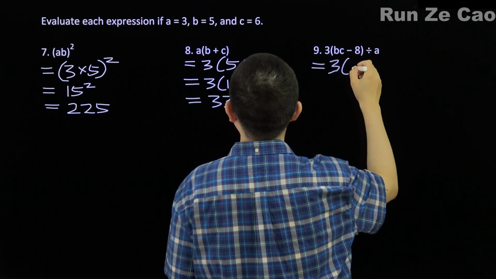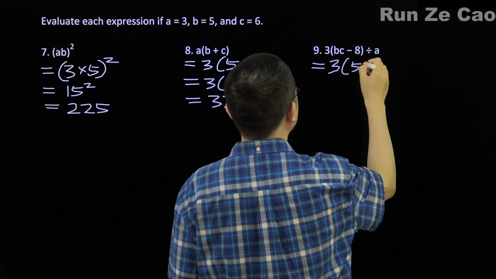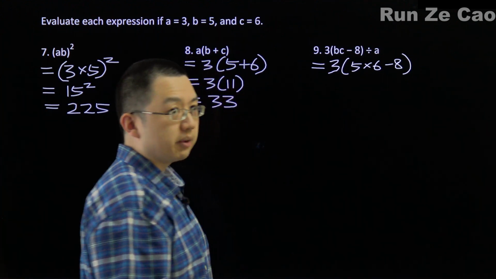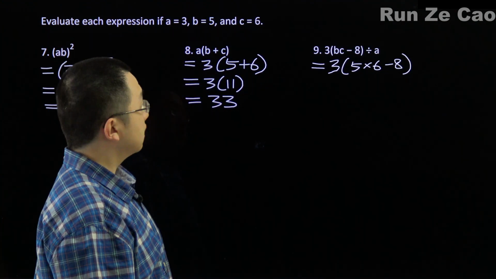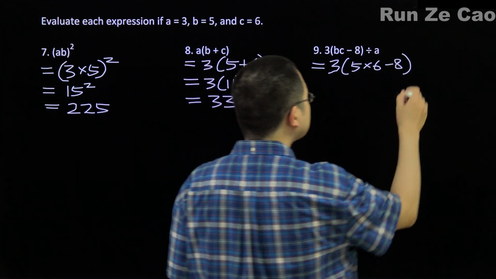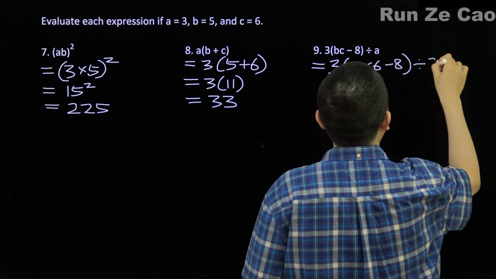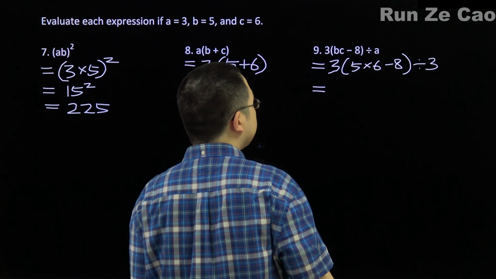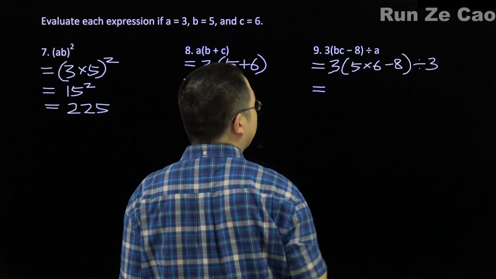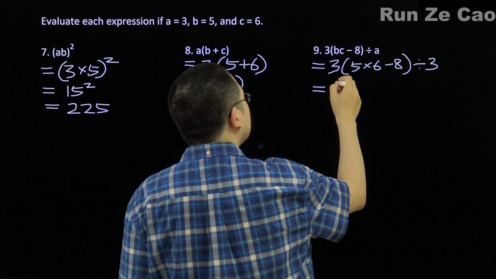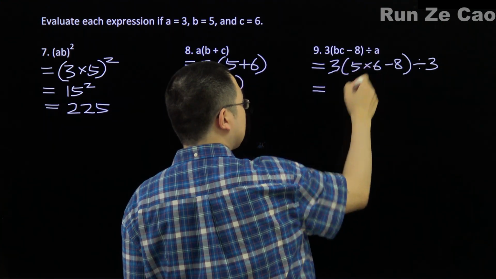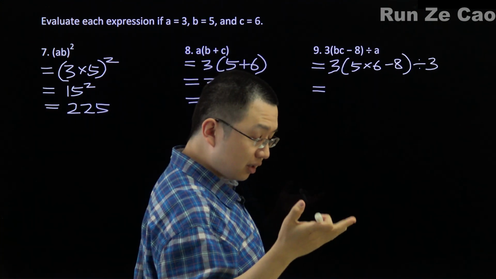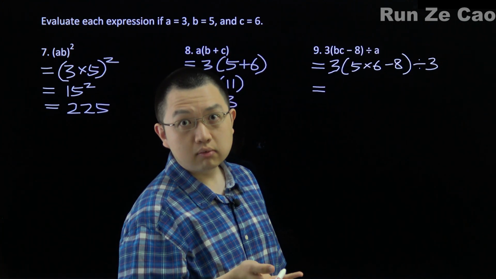3 times bracket b times c, so 5 times 6 minus 8. You could have gone for nested brackets where all your substitutions were inside brackets, if that's your preferred convention or what is required in your area, in which case you wouldn't need the multiplication symbol. But in this case I didn't, I went with the other way. The reason why some people use brackets around every substitution at first is because that makes it relatively easy to find which numbers were just substituted in.